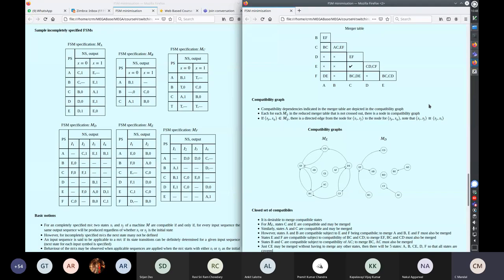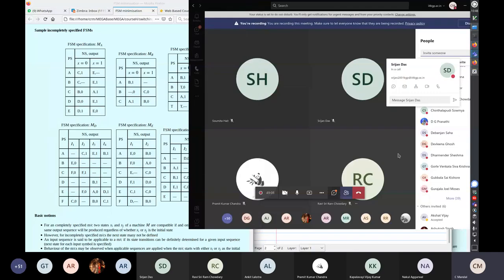Can you see the machine MD first of all? Yes or no? Abhishek, I am talking to you. Can you see the machine MD or not?